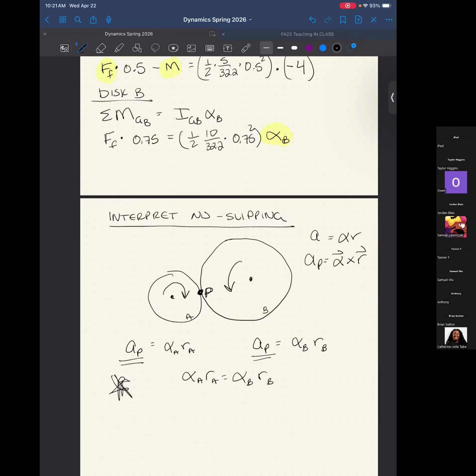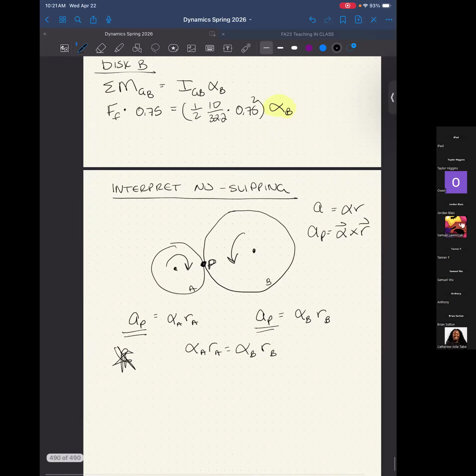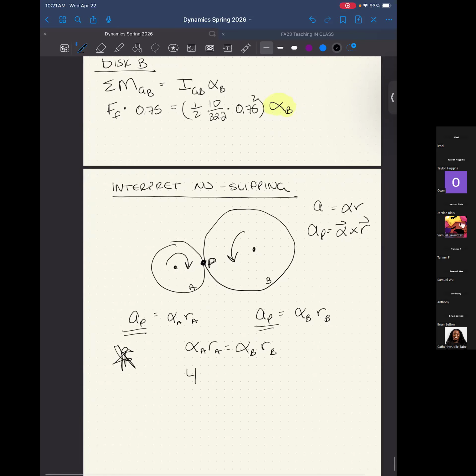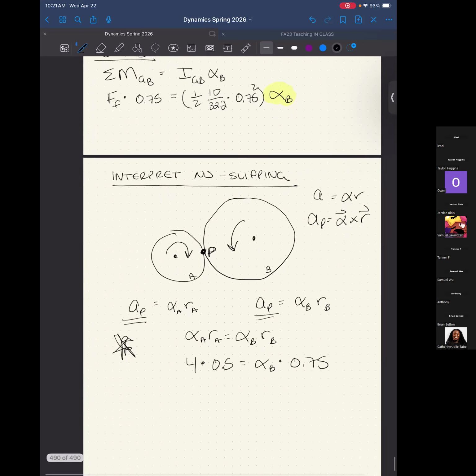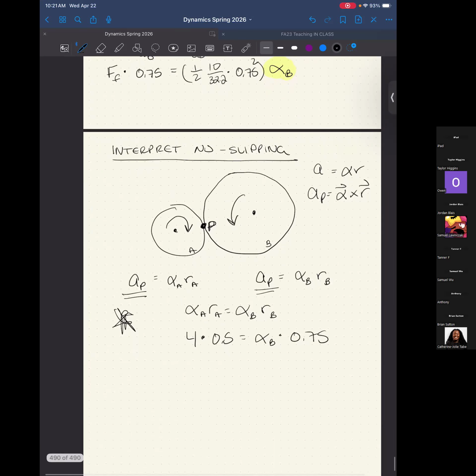We could get there. Okay. All right, regardless, alpha A is 4, radius is 0.5, alpha B unknown, radius is 0.75. There we go. I can go ahead and solve for alpha B.